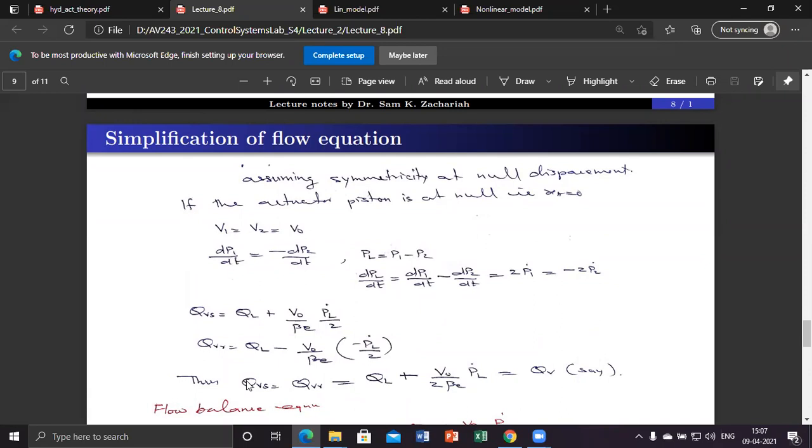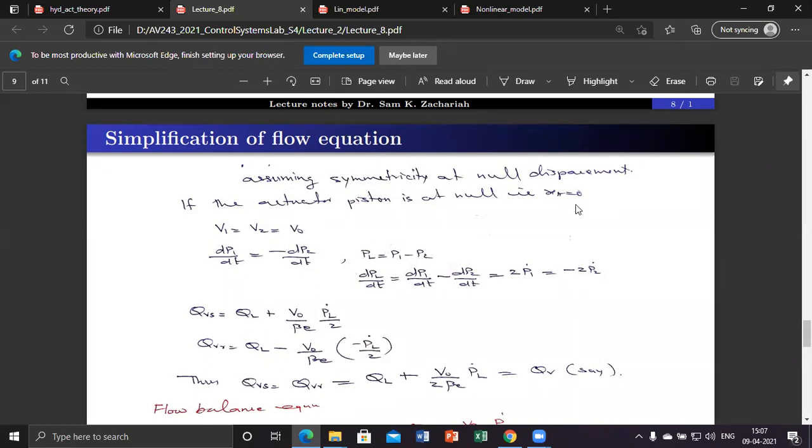But if we are operating around null condition and for small signals, there is a small signal approximation. Instead of considering both chamber dynamics as independent, we can lump them together into a single unit. That's what I am going to show.